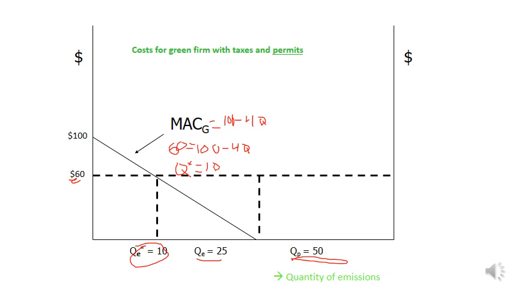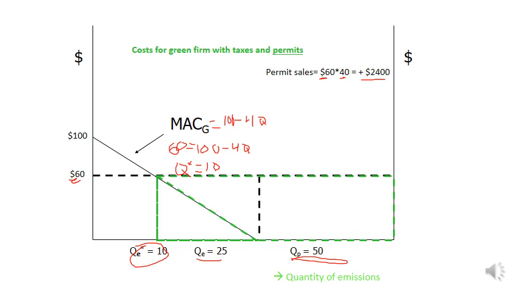They were given the right to pollute up to 50 units of pollution. So they sell those extra pollution permits on the open market at $60 a piece. So this firm now is making money from permit sales. 40 permits that they're selling at $60 a permit, they're getting $2,400 additional dollars.